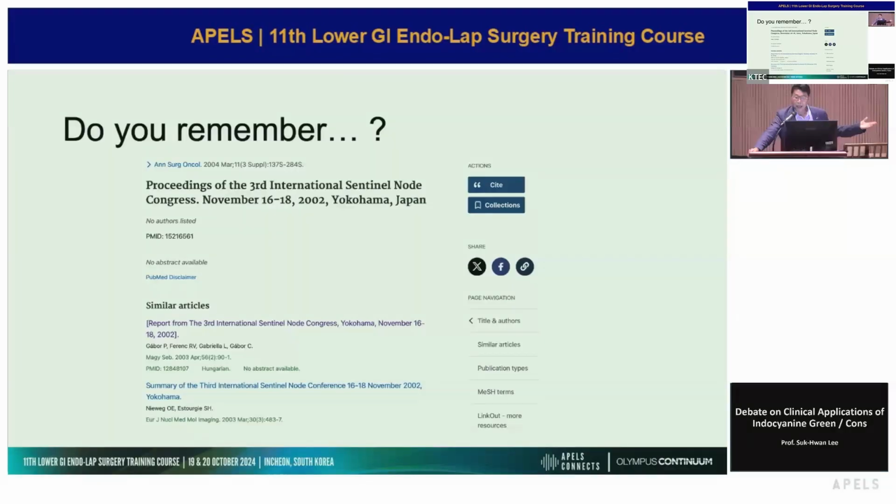At that time, sentinel node mapping for breast cancer started from the United States, but it became very popularized around the whole world. So that's why we had the third International Sentinel Node Congress in Yokohama. At that time, I was also interested in that, and I attended there.